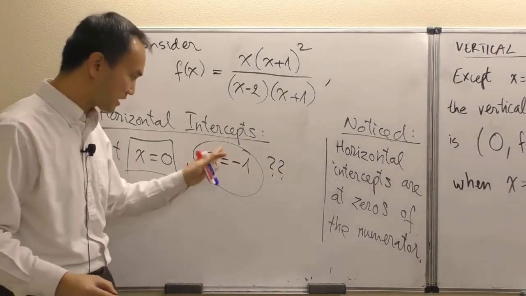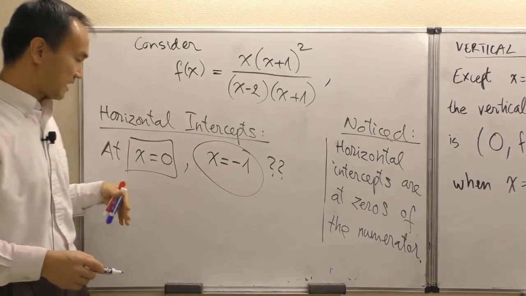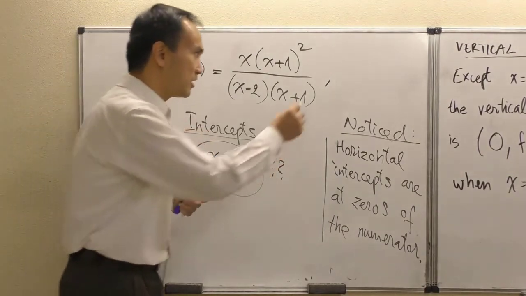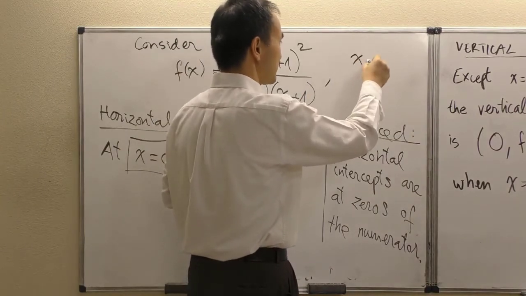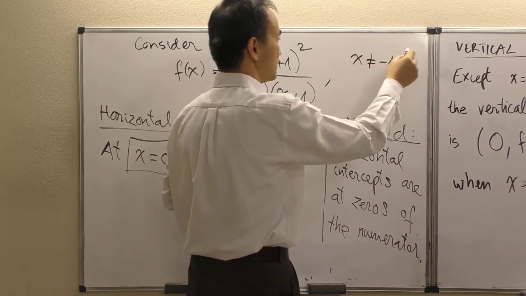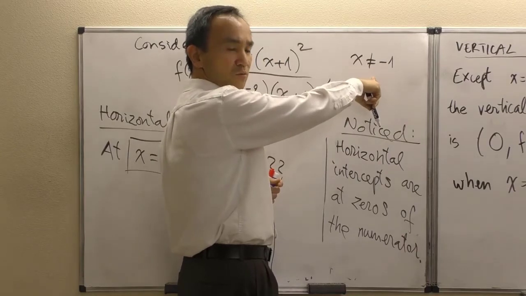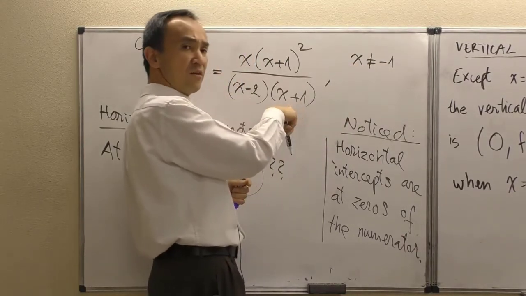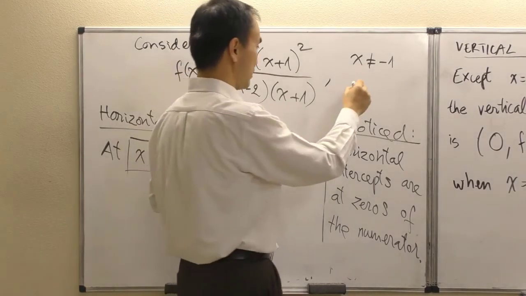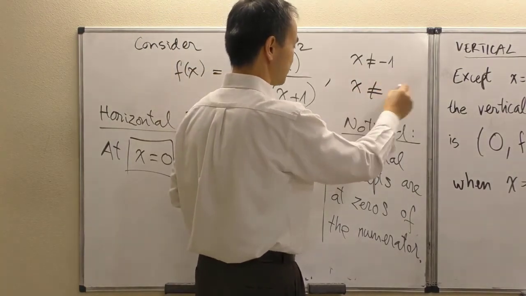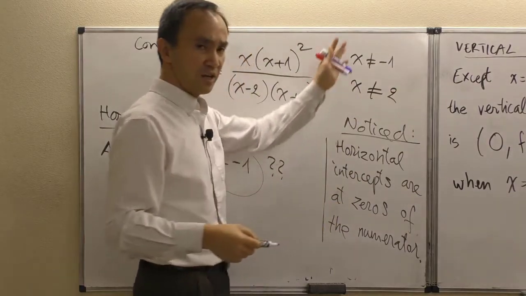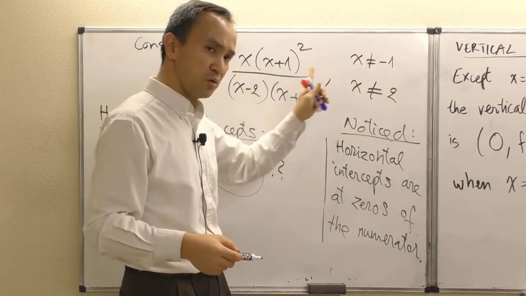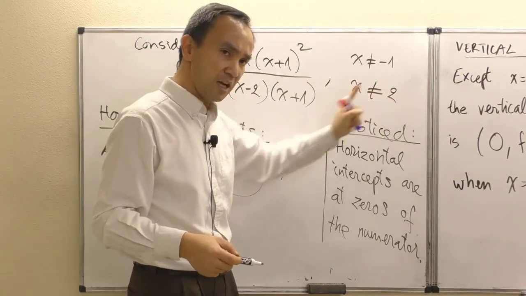How come we did not consider this one as a horizontal intercept? Because we saw from the graph earlier that at x equals -1 we had a hole, or in other words, x equals -1 is a 0 in the denominator as well. As far as domain, we have to be anywhere except these two values, and x equals 2 is another 0 in our denominator.